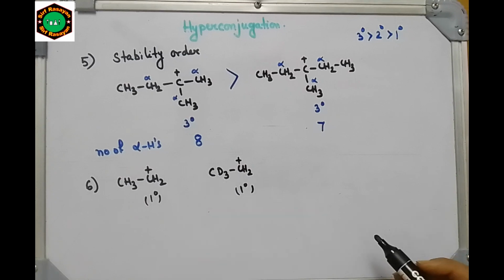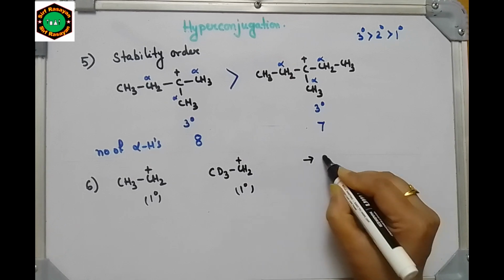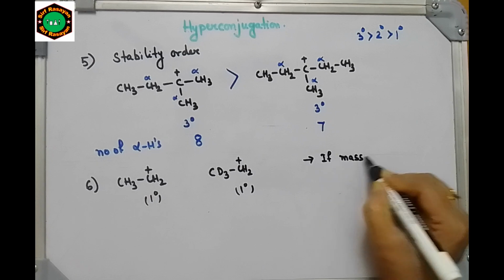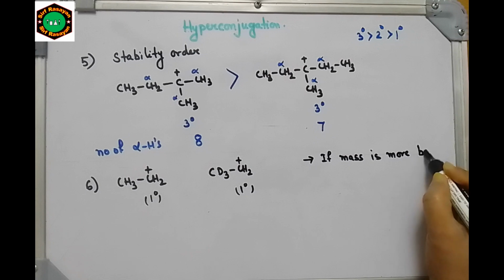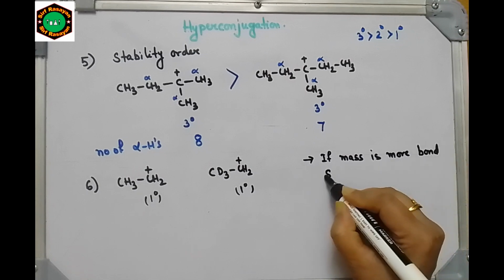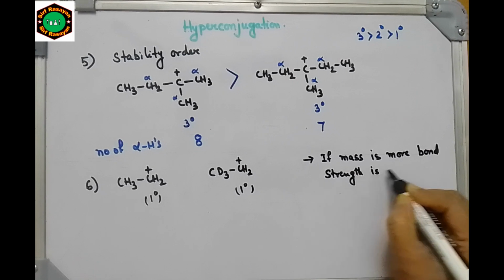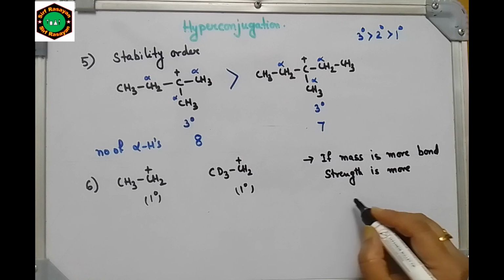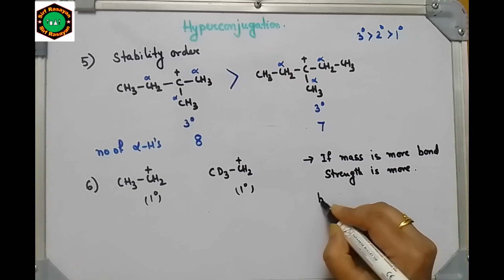If mass is more, bond strength is more. Remember this thing, if mass is more, bond strength is more. So between CD and CH bond, which bond is more stronger?